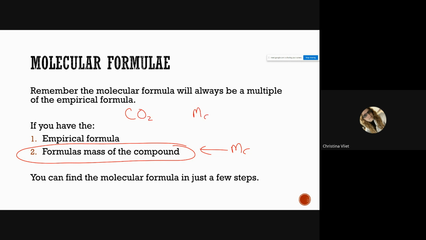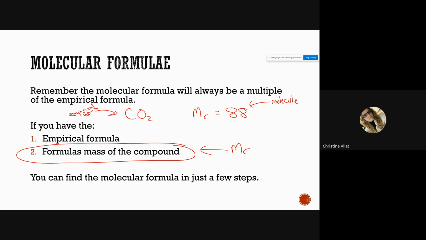The molar mass was actually 88. Could you figure out what this molecule actually is? How would you do it? Find the molar mass of CO2 and compare. Perfect. So the idea is that if you've got the molar mass of the molecule given to you, and you've got the empirical formula, you can figure out the mass of the empirical formula because you know that's 1 carbon for 2 oxygens.